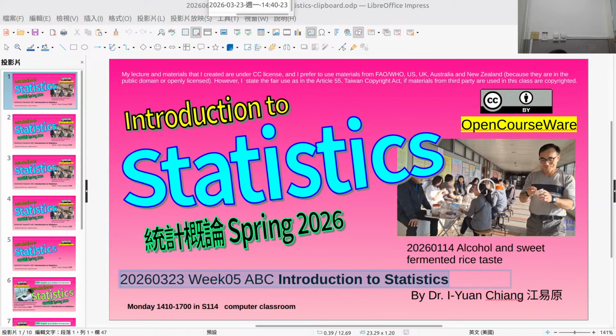If we add them together with sigma, what will we get? Zero. Because some of them are higher than the average, some are below the average, and when we sum the differences together, we get zero.